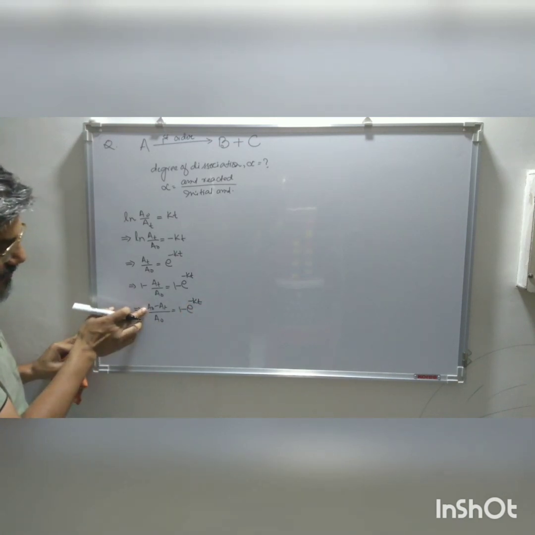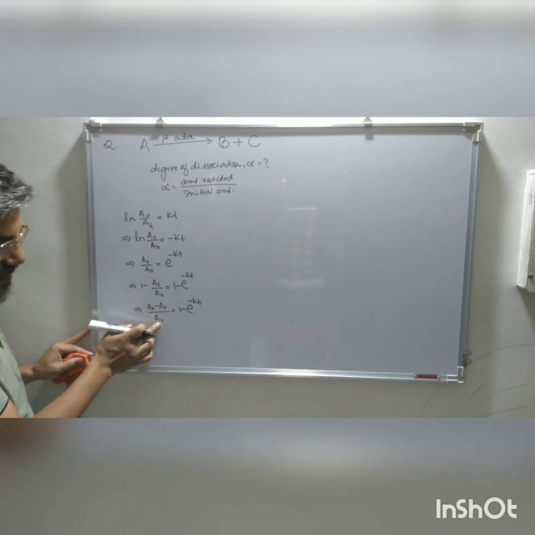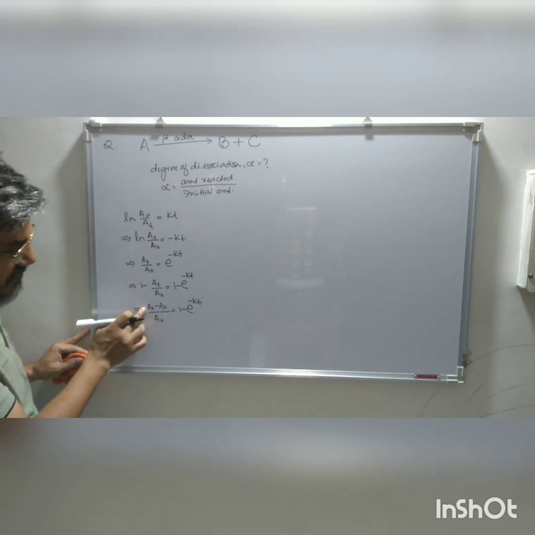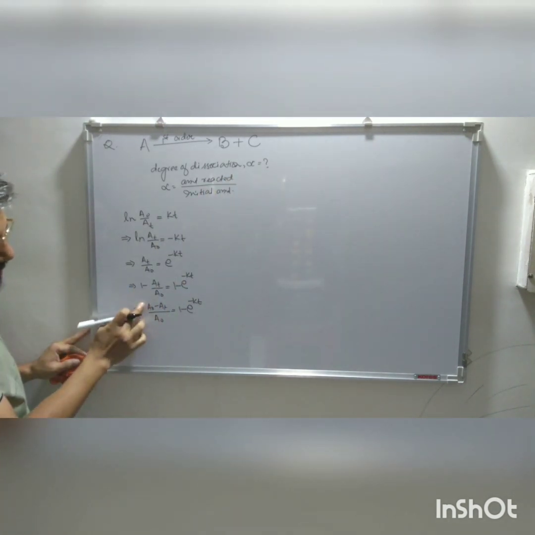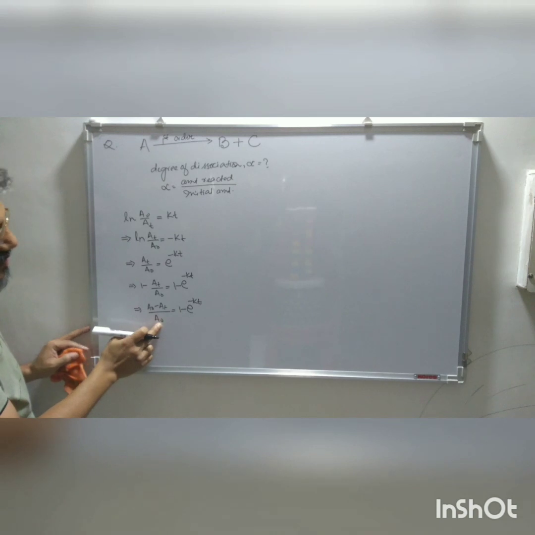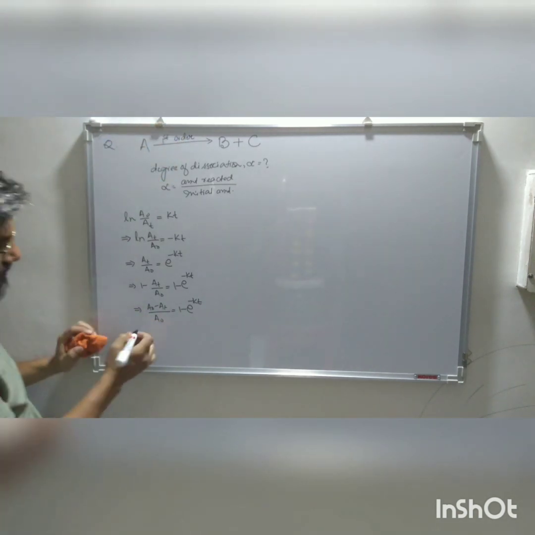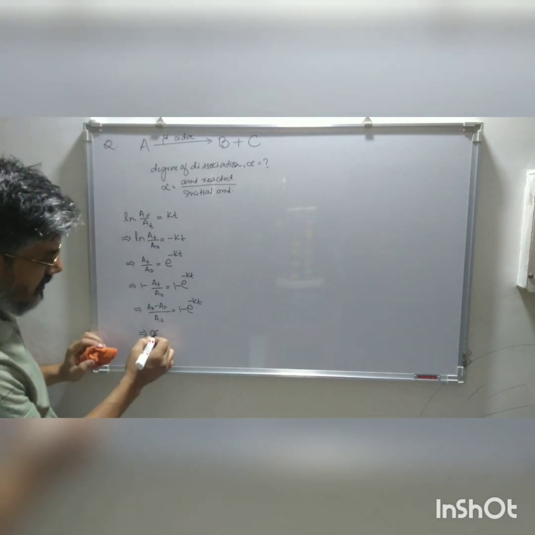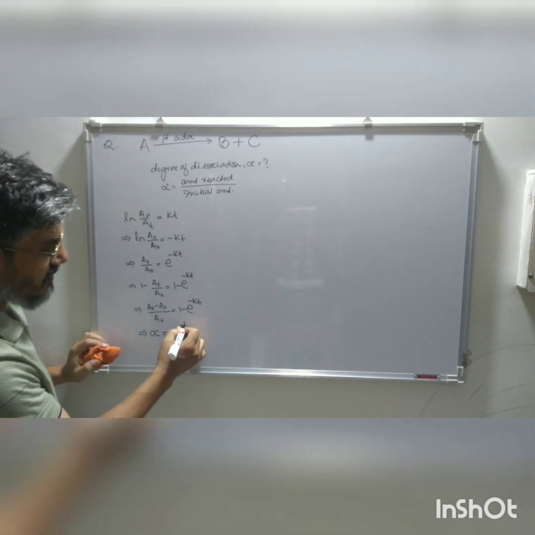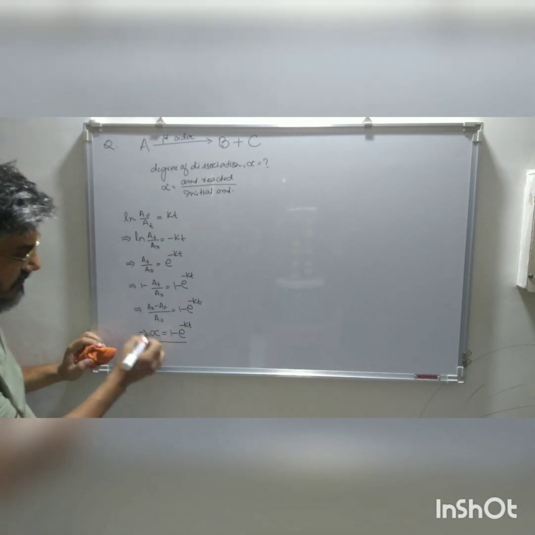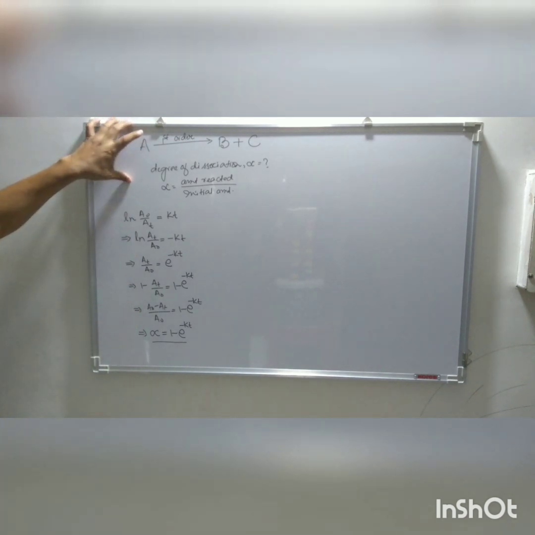So look at it, this is the initial amount, this is the amount after certain time t, and this is the initial amount. So initial amount minus amount left is the amount reacted. So amount reacted divided by initial amount, this A naught minus A_t over A naught represents the value of alpha. Therefore alpha is equal to 1 minus exponential raised to the power minus Kt. This is how we define the degree of dissociation of a first order reaction of this type.